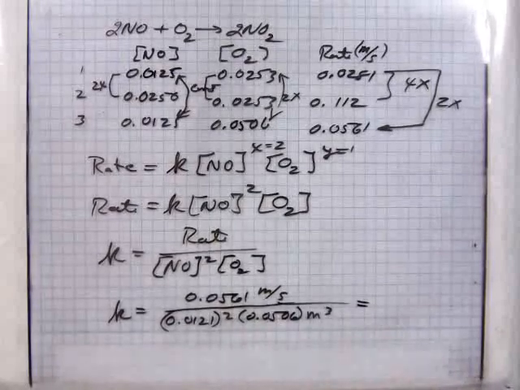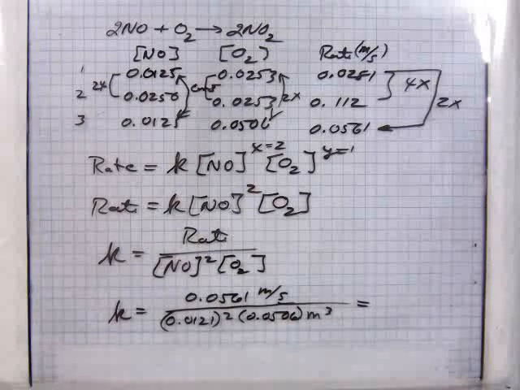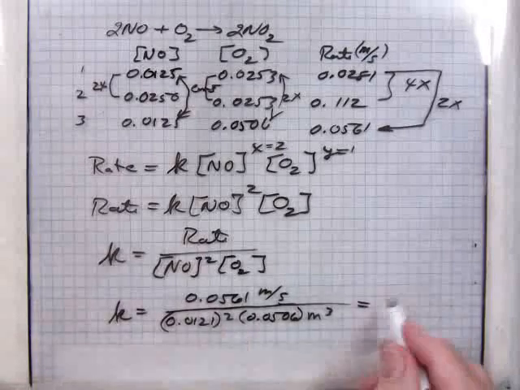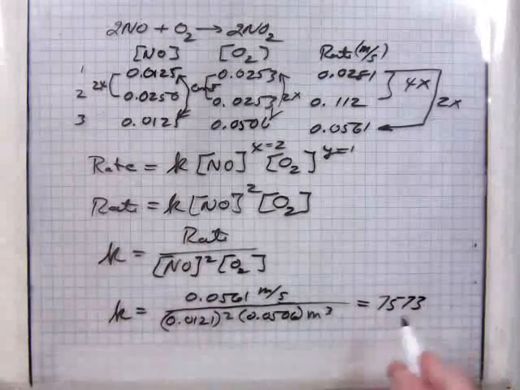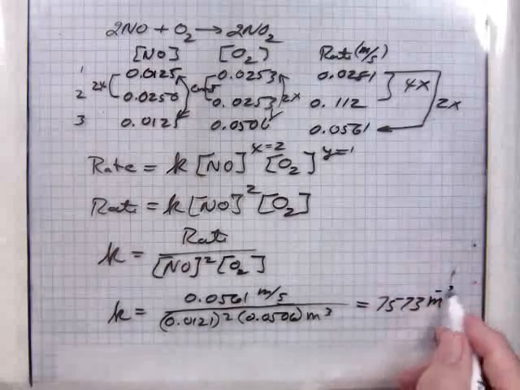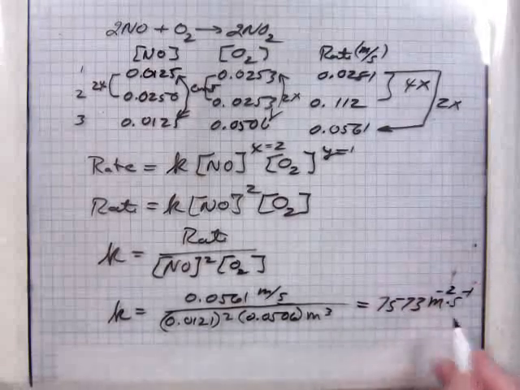And so that would give us 0.0121 squared times 0.0506, then the reciprocal times 0.0561. And so I get 7573, and that'll be molar to the minus 2, seconds to the minus 1.